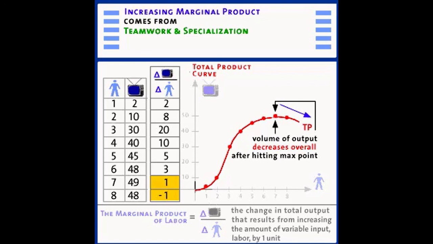Output is increasing at a decreasing rate because of congestion. This is our region of diminishing marginal product.